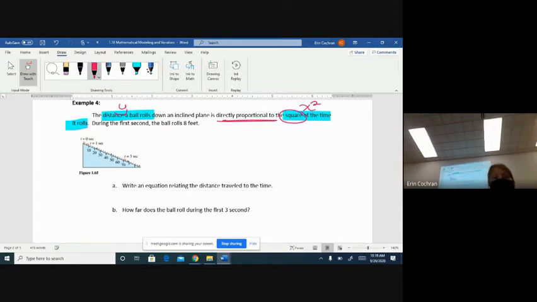Write an equation relating the distance traveled to the time. So my y is the distance, in feet. During the first second, the ball rolls 8 feet. So that's my distance, my distance equals 8, and my distance is my y.